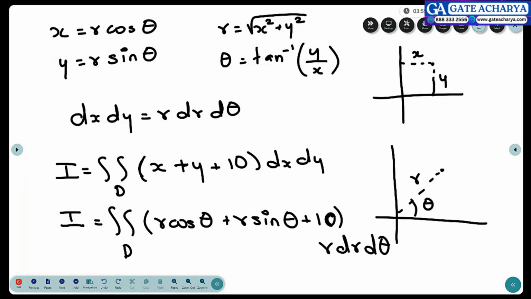Please note this down. I have to go to the second page. In polar, the logic is totally different.